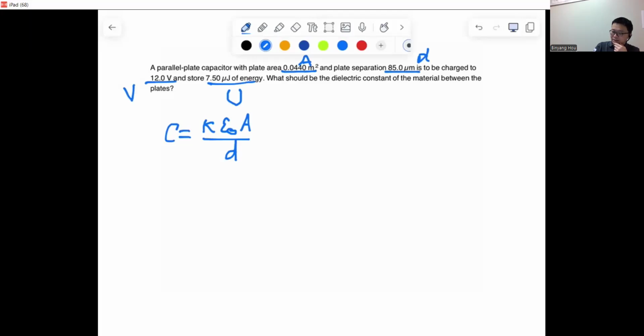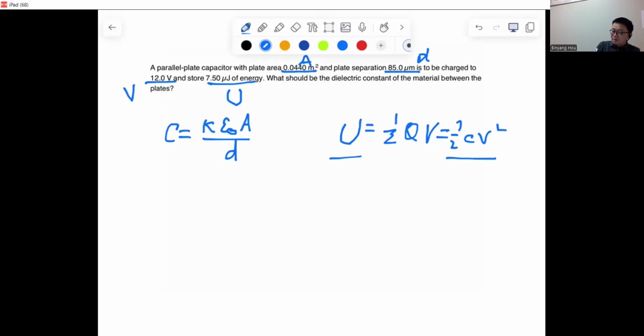Now it tells us that U is equal to 7.5. There are three expressions for U, right? 1/2 of Q times V, or 1/2 CV squared. Now we need to find C, so I think we can use 1/2 CV squared because U and V are given. So we can calculate C first, and then we can calculate kappa later on.